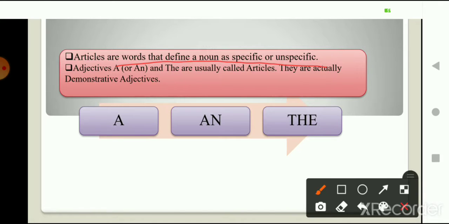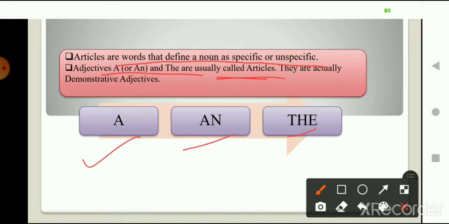Okay, and generally what are these adjectives? The adjectives a, an, and the are usually called articles. Okay, which adjectives? A, an, and the. These are the three articles.